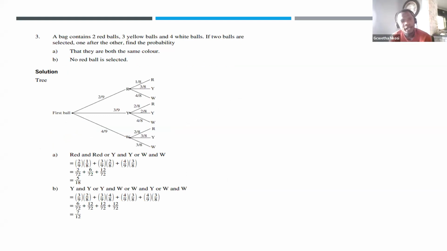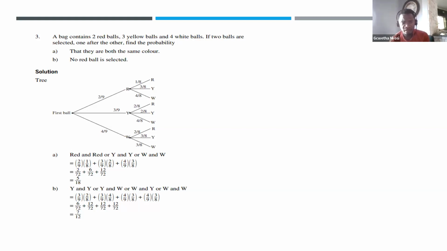Go again. Okay. A bag contains 2 red balls, okay, 3 yellow balls, and 4 white balls. If 2 balls are selected, one after the other, find the probability that they are both the same color, no red ball is selected.